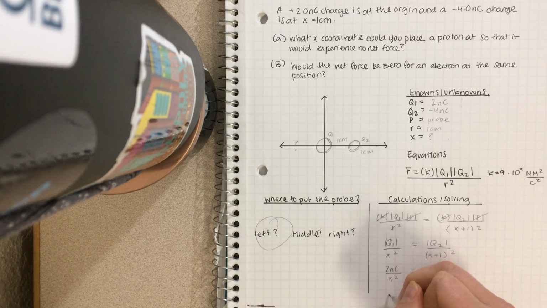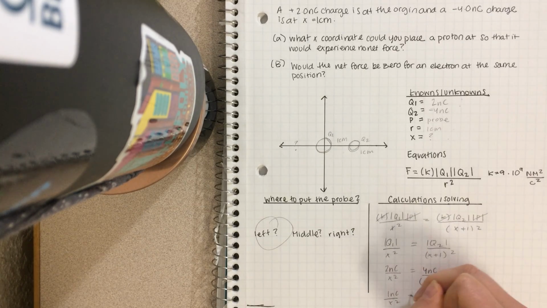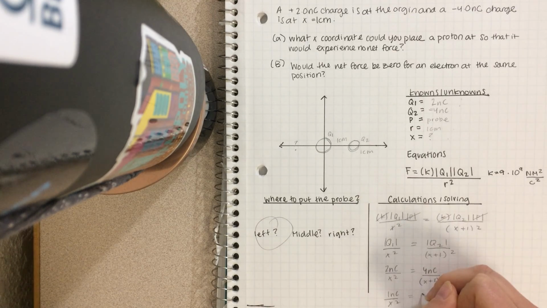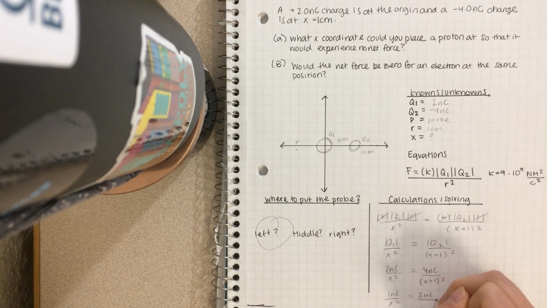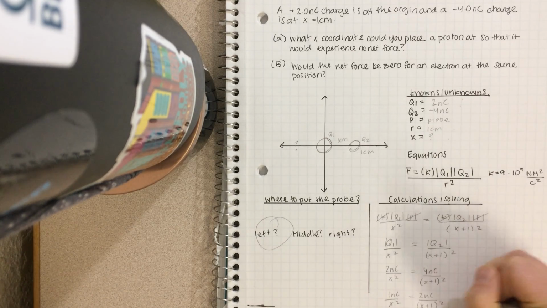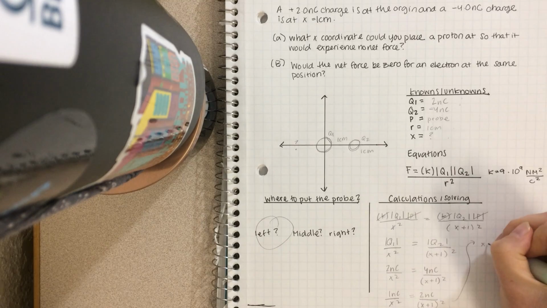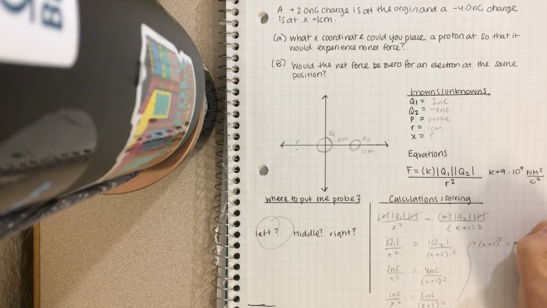So that brings this to 1 nanocoulomb over x squared is equal to 2 nanocoulombs over x plus 1 squared. Cross multiply, x plus 1 squared is equal to 2x squared.